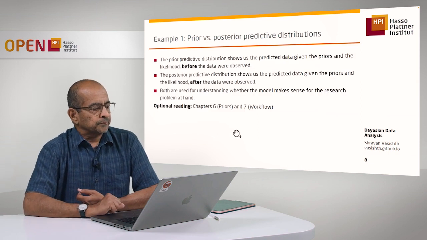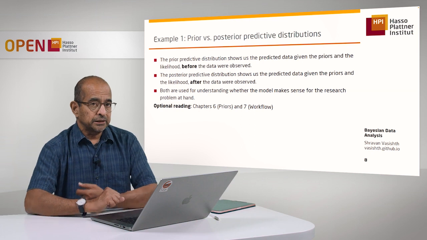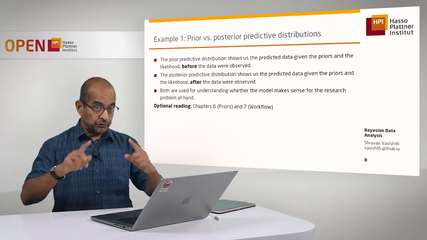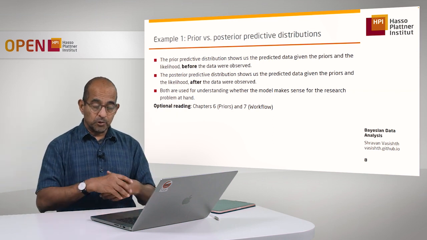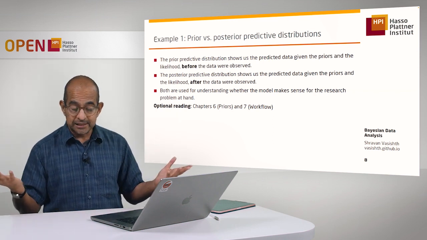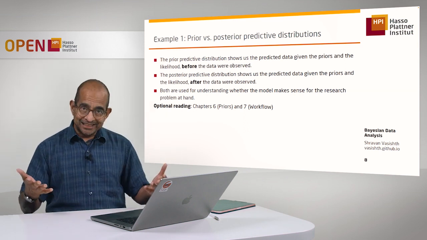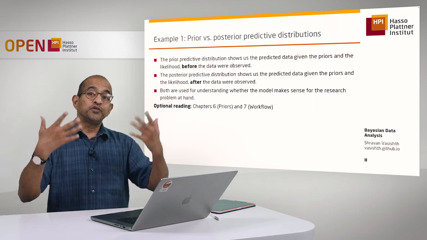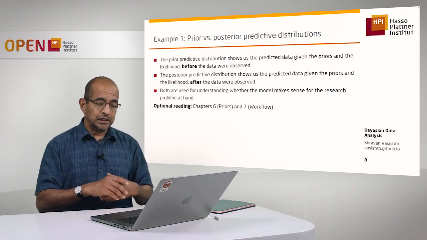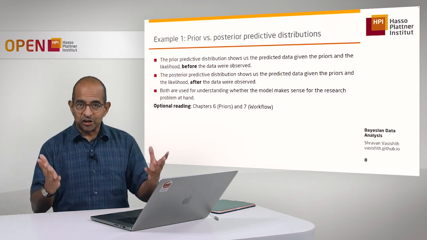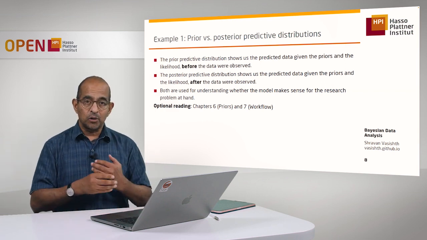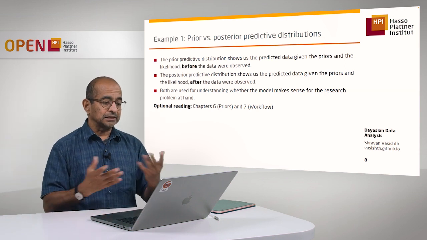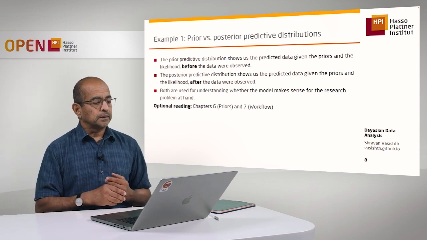Okay, so in summary, we looked at prior predictive distributions. That was also a diagnostic to understand how the model behaves before it's seen any data. We also looked at posterior predictive distributions, and these tell us what the model predicts for future data, conditioning on the data that we have actually observed. These are all diagnostic tools for understanding how the model operates and what the predictions and assumptions of the model are in terms of observed data.